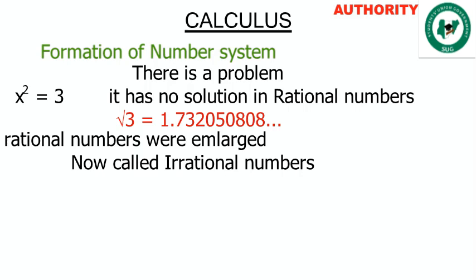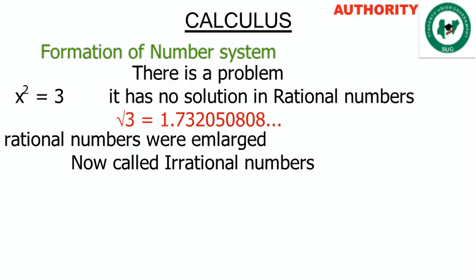So you discover that we had a number system called rational numbers, okay? Now, we introduce another set of numbers that are not rational. We call them irrational. Now, when you combine rational numbers and irrational numbers, it gives you another set of number system that we call real numbers.